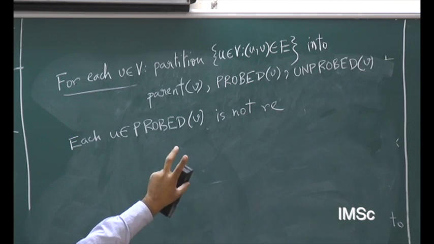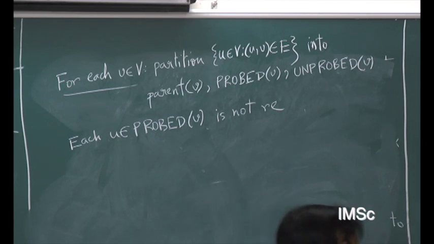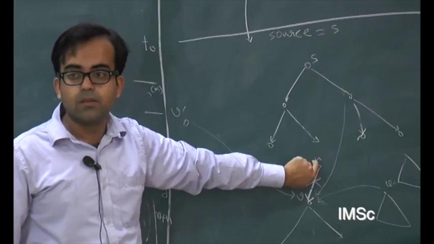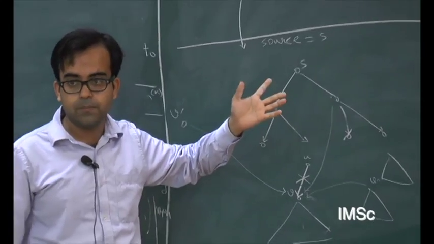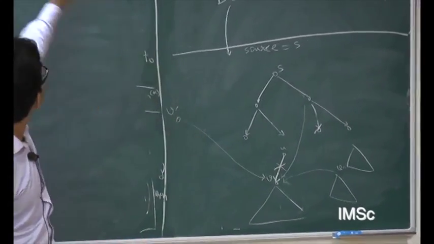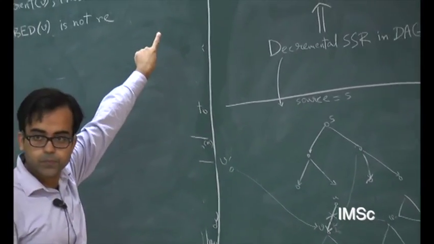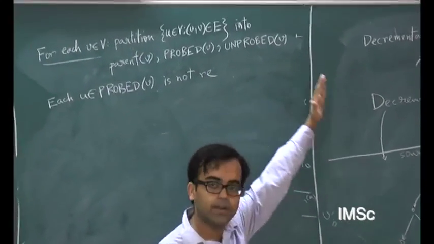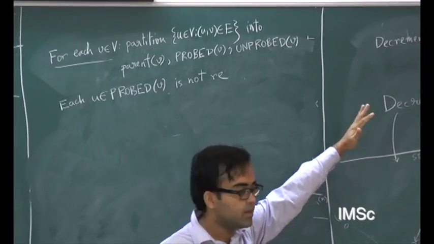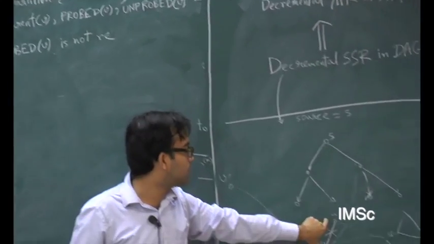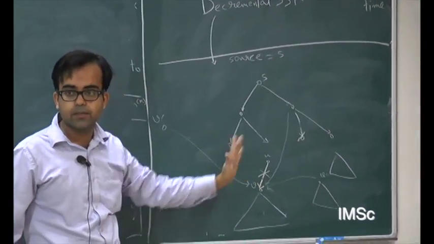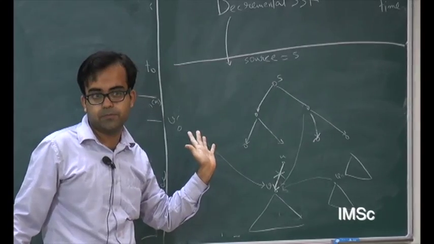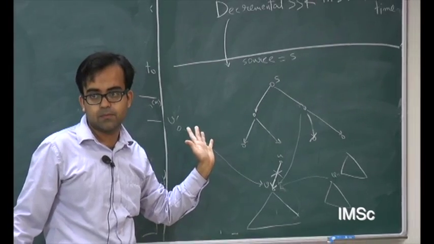When you start, we will be probing these edges after this parent edge gets deleted, right. So, at the start of the algorithm, each node V has its parent and all the other incoming edges are unprobed. And then if its parent gets deleted, we start probing the unprobed edges and move them to the set probed. Clear?